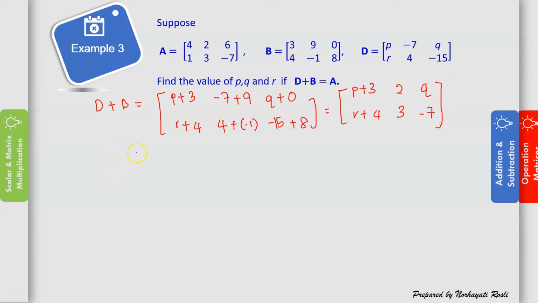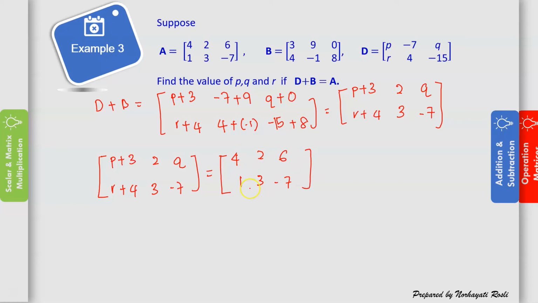When we solve for this one, we know from the question D plus P equal to A means that this matrix, which is P plus 3, 2, Q, R plus 4, and then 3, negative 7, should be equal to A. That is 4, 2, 6, 1, 3, negative 7.